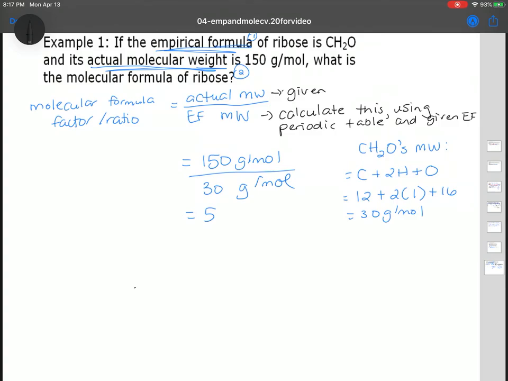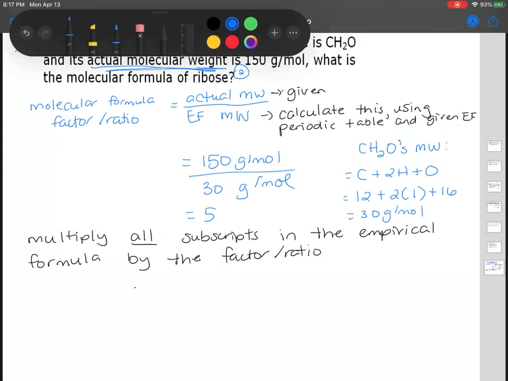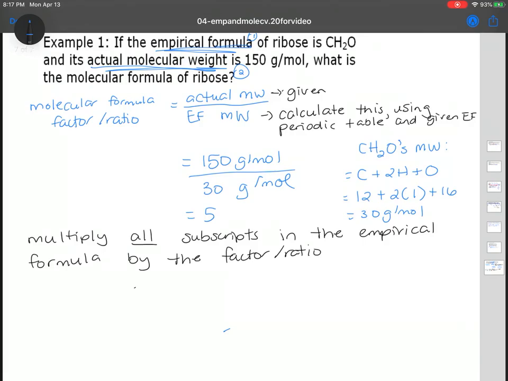So we're given the actual molecular weight. We calculated the empirical formula molecular weight. Now we have to multiply all the subscripts. Again, what you do to one, you have to do to them all. And when you do this step, if you can see what this is going to be, you don't have to show your work, but I will here just so people can see where it came from.